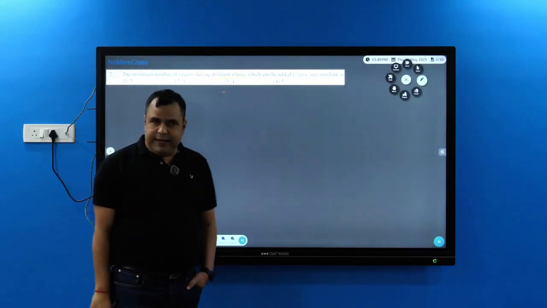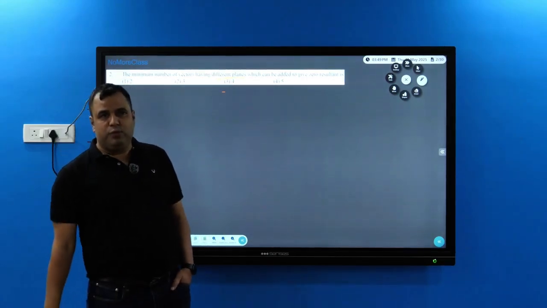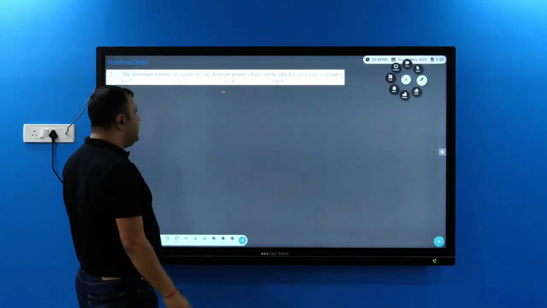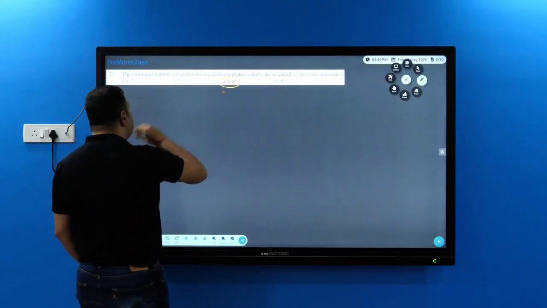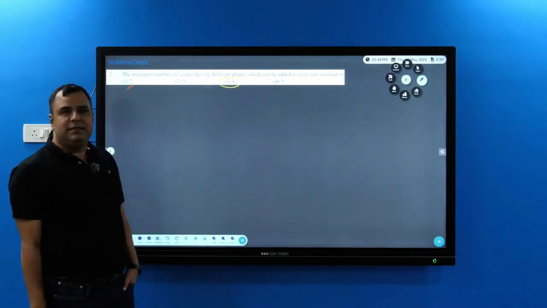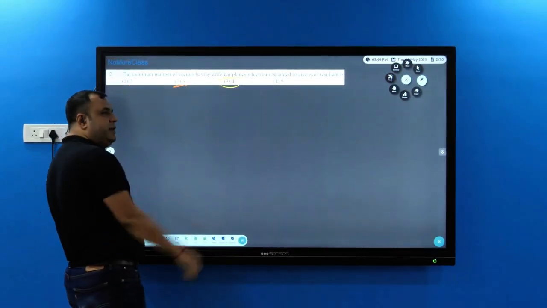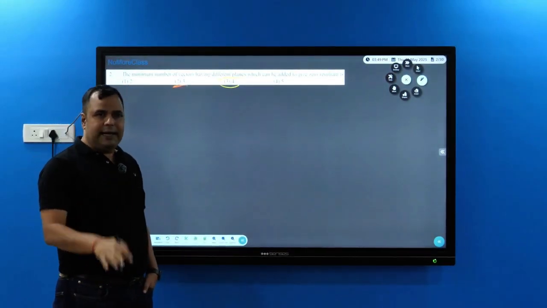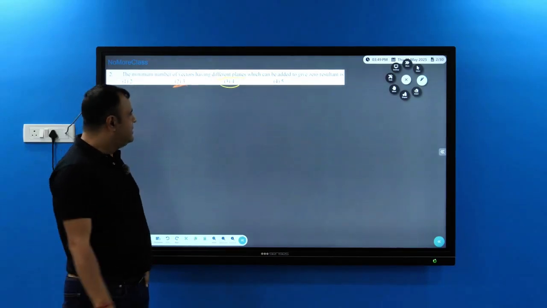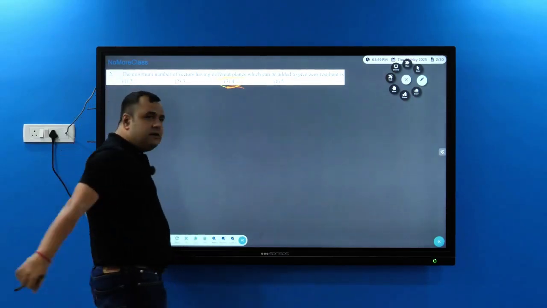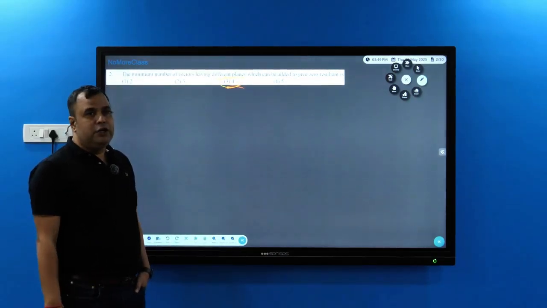But for this question, this is not the answer. Since they are saying different plane, we have to go for the x-axis, y-axis and z-axis. In that case, the answer will be 4. It cannot be 2, because 2 will be the answer if the vectors are along a line. 3 will be the answer if the vectors are not along a line but in a plane. And 4 will be the answer if the vectors are not along a line and not in a plane.